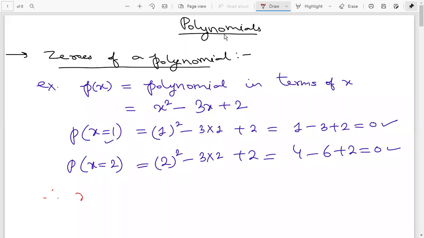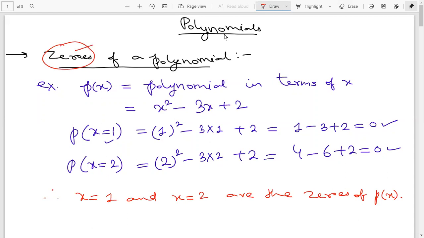Hence we can say x equal to 1 and x equal to 2 are the zeros of the given polynomial p(x). So zeros are basically x values only.